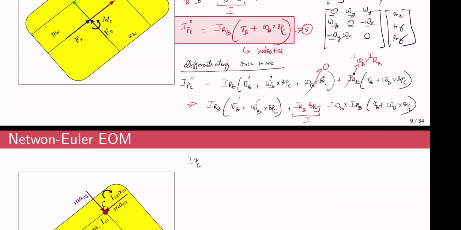IPC double dot is IRB taken out. Then this VB dot, the derivative of the velocity of frame B with respect to its own frame of reference, I'll mark it as AB, acceleration, plus the derivative of angular velocity, which is nothing but angular acceleration, alpha B cross BPC.